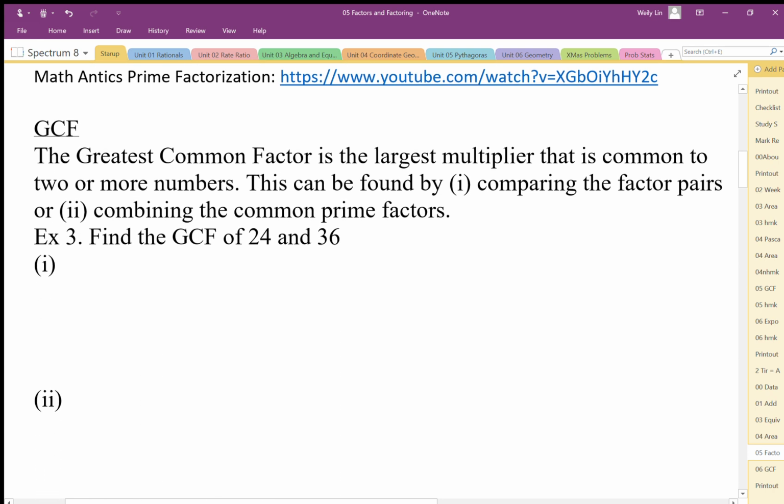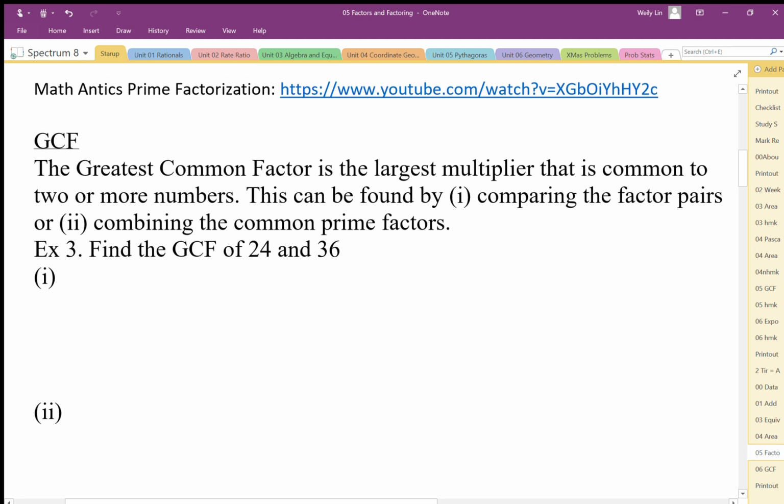Finding the greatest common factor, we can find the biggest number that is a common factor in these numbers. We can do it in two ways. We can do it with factor pairs, so I can list out all the factor pairs for 36 and 24.